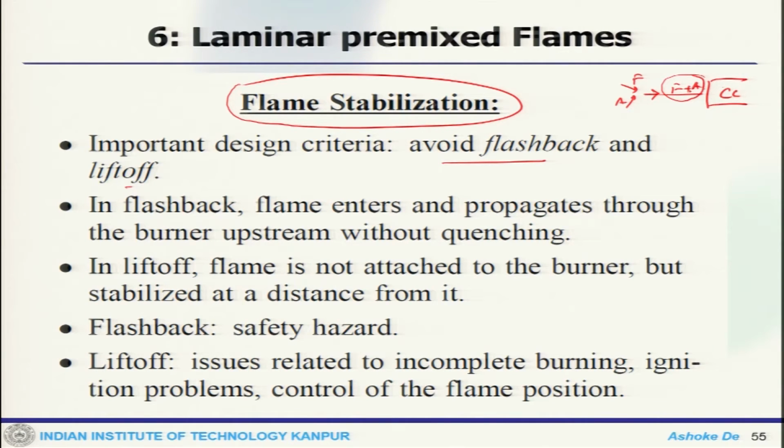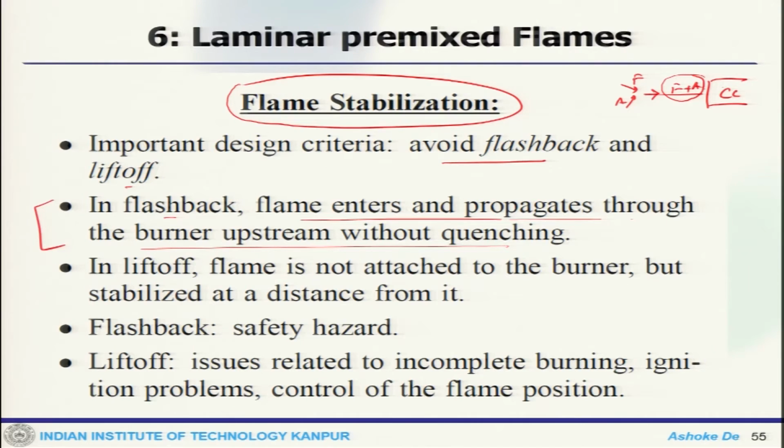And that is why one of the things that you see in your SI engine is the auto ignition, because that is a spontaneous ignition of this mixture, that we will touch upon when we talk about the engines. Now, in flashback, flame actually enters and propagates through the burner upstream without the quenching.